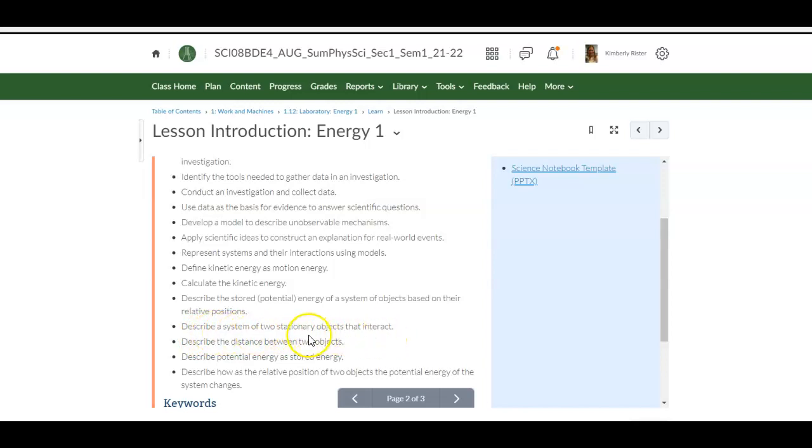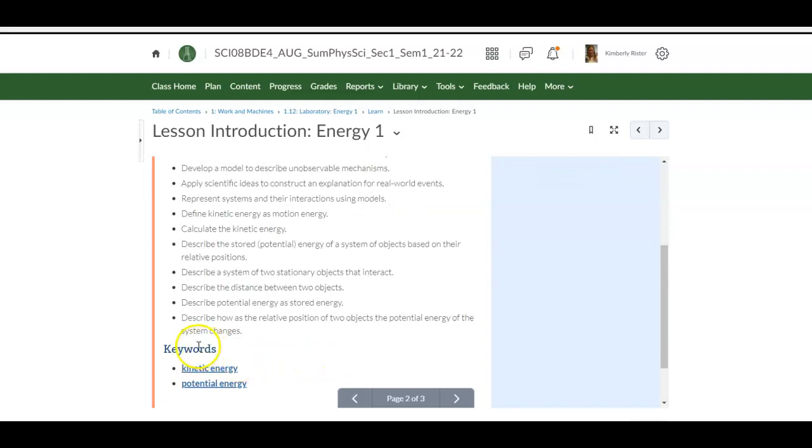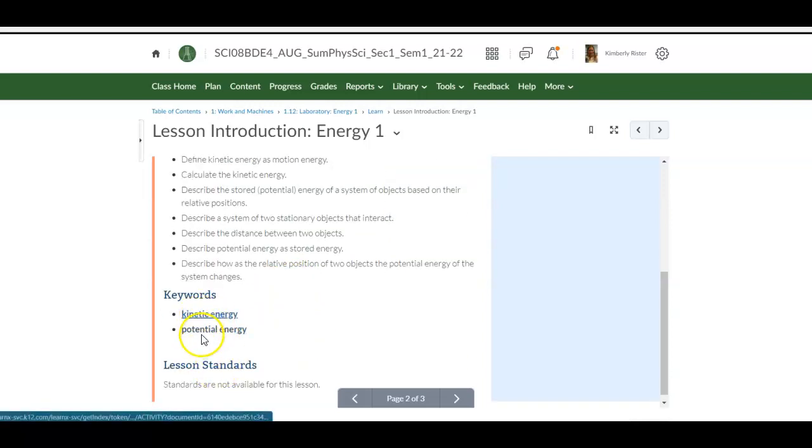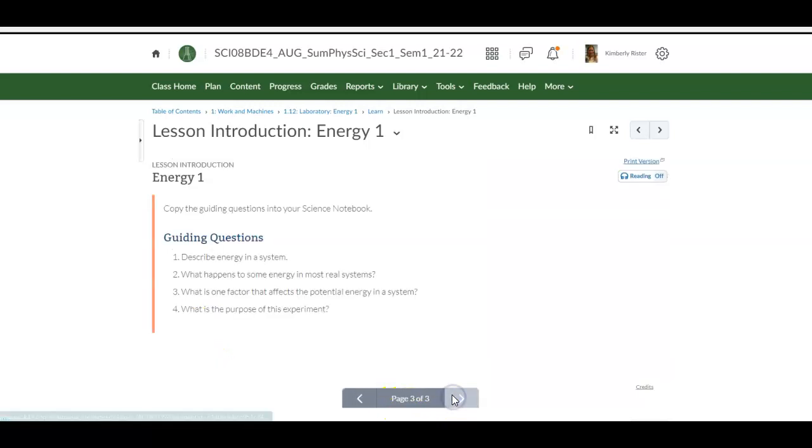So we're going to be able to describe that, describe the distance between 2 objects, make sure you know potential energy is also stored energy, and then describe how the relative position of 2 objects with potential energy of the system changes. So here are your 2 keywords you need to have in your notes.